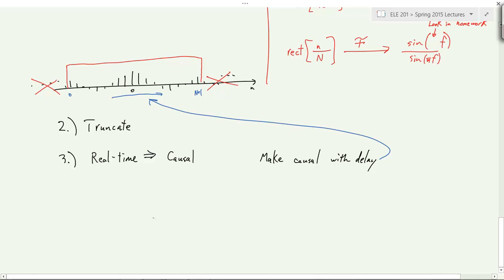And to understand that, I think some of you might be able to guess what this is going to do in the frequency domain. So we started with frequencies. Here's 0, here's a half. We started with something that was an ideal low-pass filter, and it repeats, right? And how should we interpret this truncation?